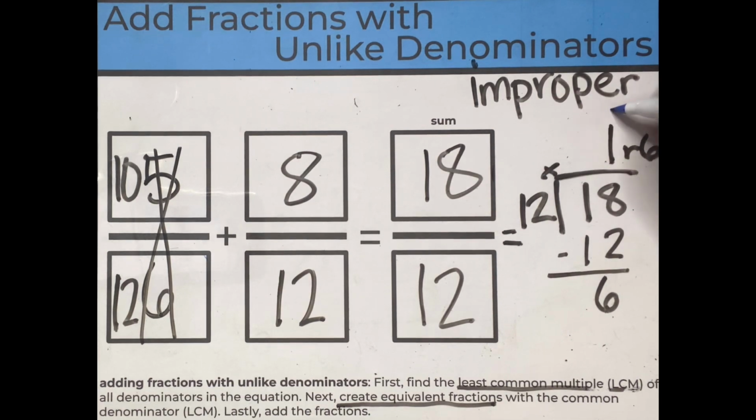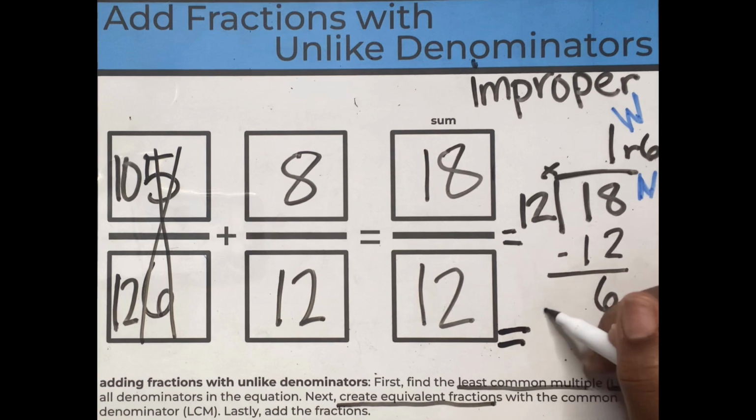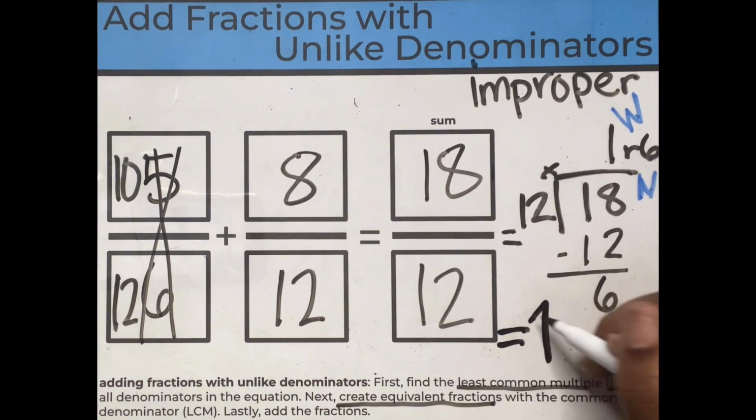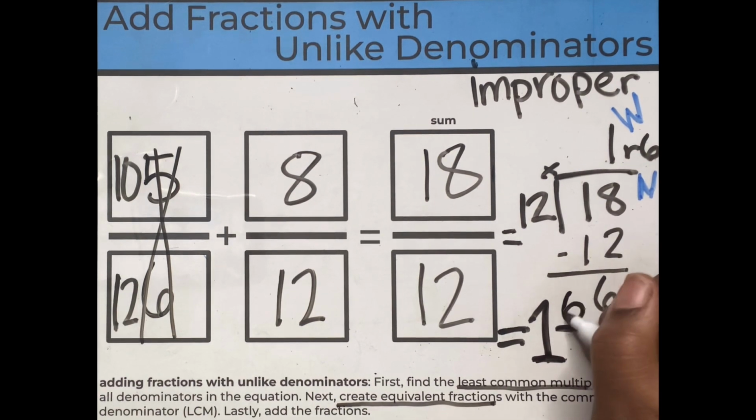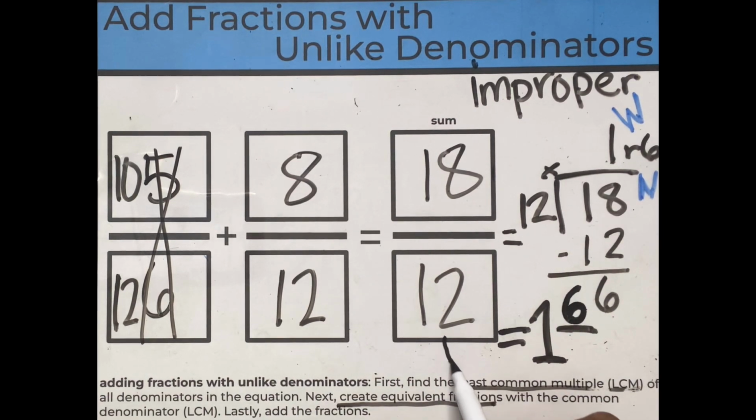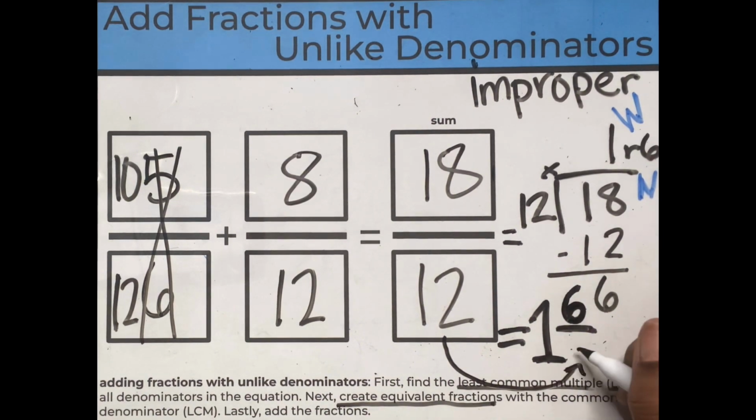Beside this number, write a W. Beside the remainder, write the letter N. The 1 is your whole number. The 6 is your numerator. And the denominator is already given. We're going to keep those 12 parts.